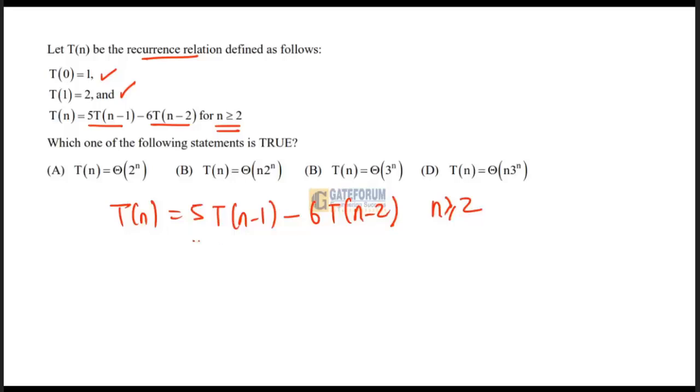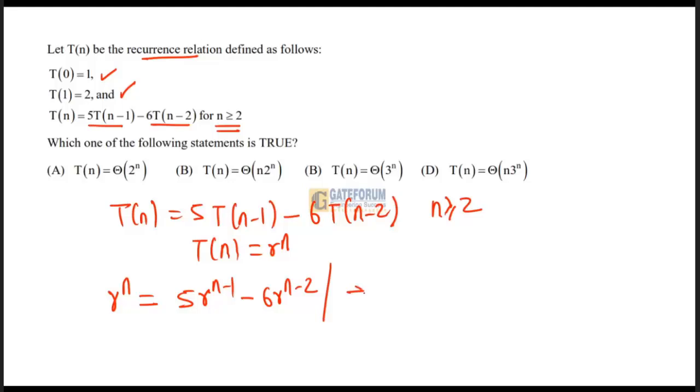Now if I replace tn equal to r to the power n in the recurrence relation, then the equation becomes r^n equal to 5 into r^(n-1) minus 6 into r^(n-2). I need to make this equation easier in order to get the roots.